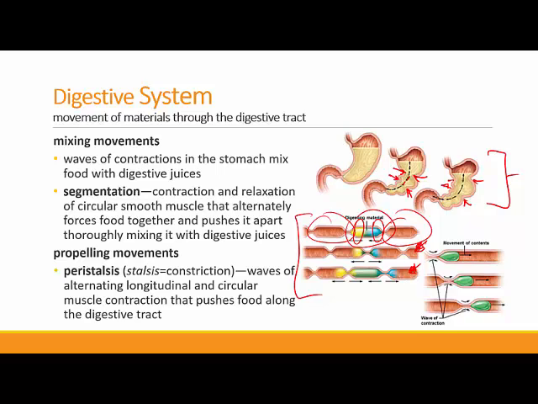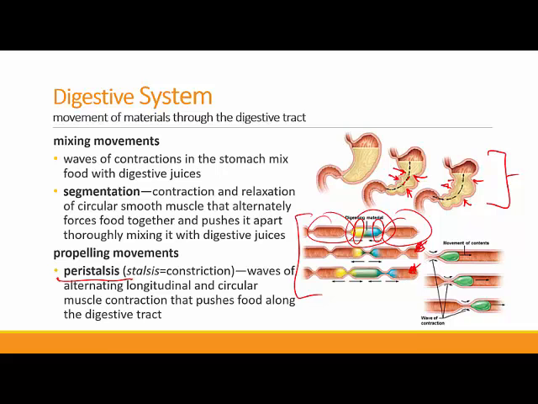Propelling movements, peristalsis being the primary propelling movement, is a wave of alternating longitudinal and circular muscle contraction that helps to push the food along the digestive tract.